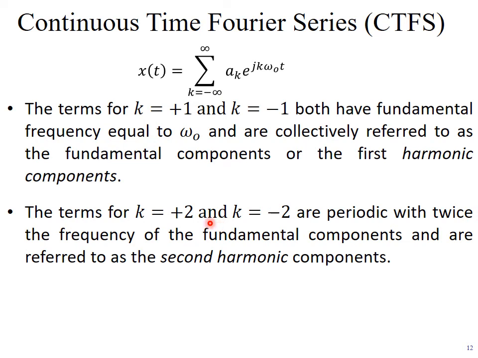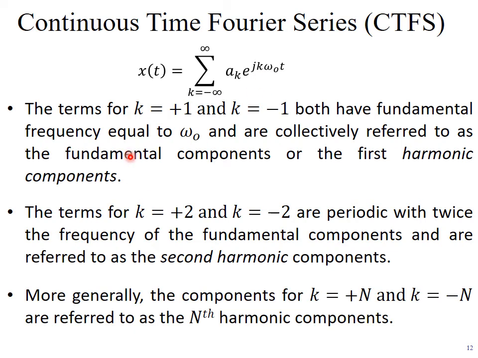And similarly, for k equal to plus 2 and minus 2, we call it the second harmonic. And for k equal to plus 3 and minus 3, we call them the third harmonic. Third harmonic means 3 times the fundamental frequency, 3 omega naught. And more generally, the components for k equal to plus n and minus n are called nth harmonic components.